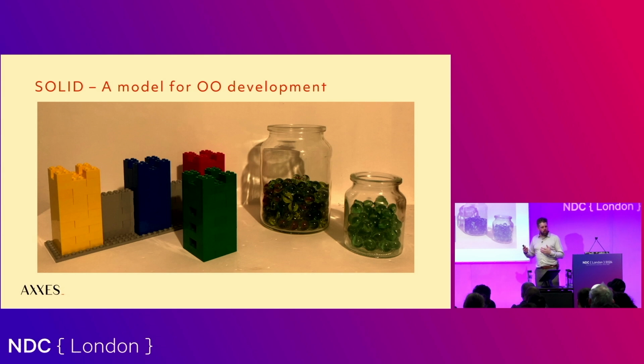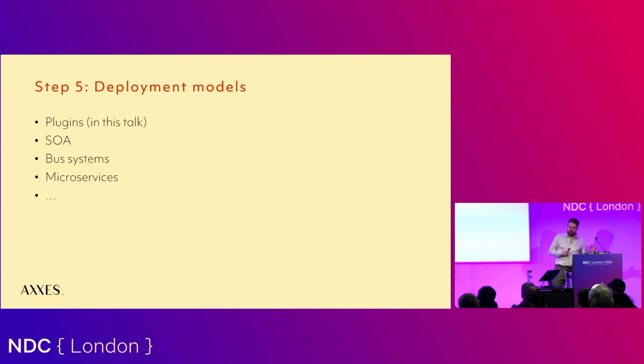Now, SOLID is one thing, but you can also do it at an architectural level. Because all of the things that I've talked about right now is stuff that happens inside a single deployment unit, but sometimes your systems grow and they become more complex. And I feel like you should only be messing with that after you understand what goes on inside a single server and service and how you can make that clean.